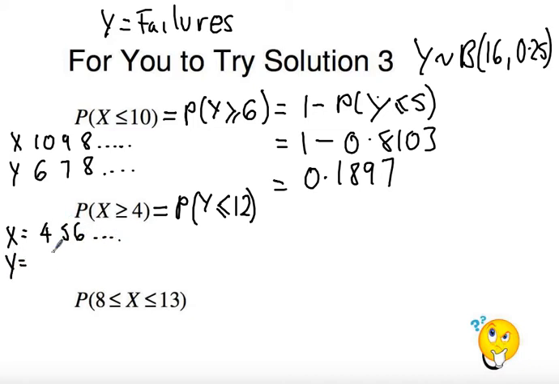Y in that case would equal, pairing up the numbers so they add up to 12, 8, 7, 6, and going downwards. Sorry, I'm adding them up to 12 there, not up to 16. Let's concentrate. So we should have actually 12, 11, 10, and so on. So you can see we're doing all the y values from 12 downwards.